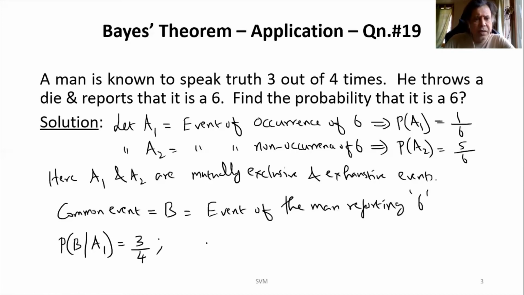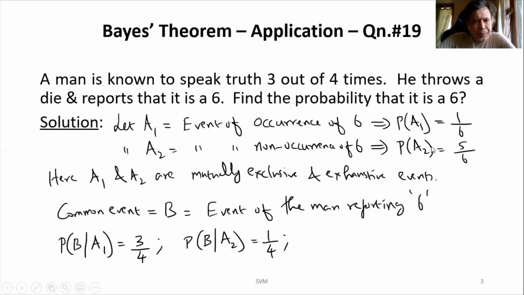That means it is 3 by 4. Then what is the probability that this man reports 6 and actually A2 has occurred, means non-occurrence of 6 occurred. So what happens is he is actually lying. So I will have to write it as 1 by 4. So these are the probabilities now available.